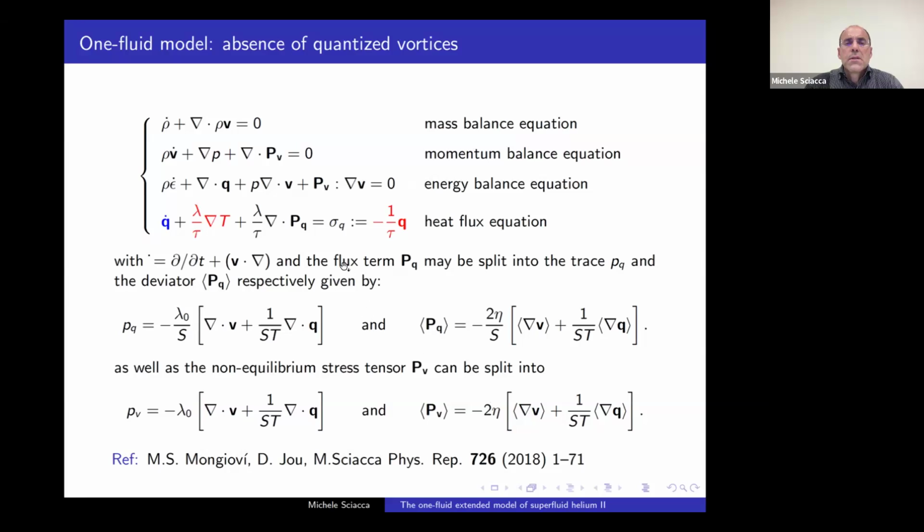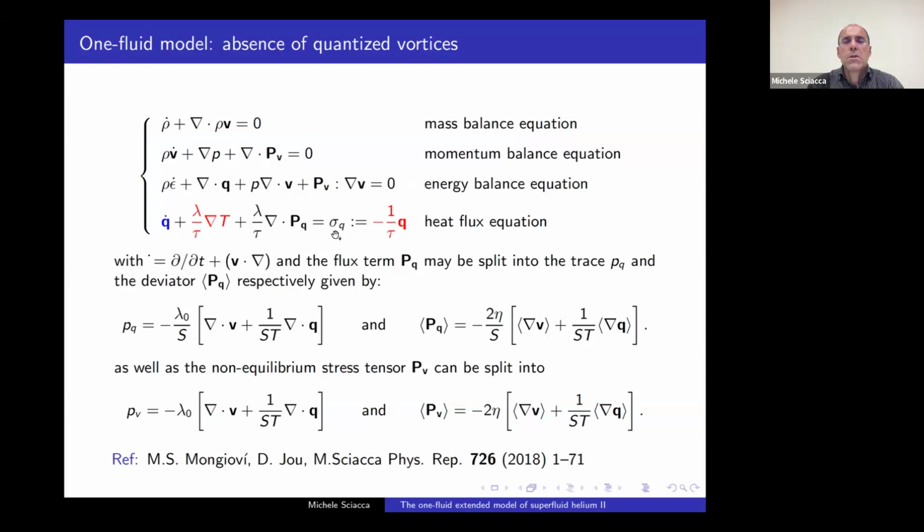I want to stress two things. The first one is that the flux of heat flux has this constitutive equation, but for this one, you may have, if required, an evolution equation, so that in principle you can build a hierarchy of equations which makes the model much more complicated than the one I show here.